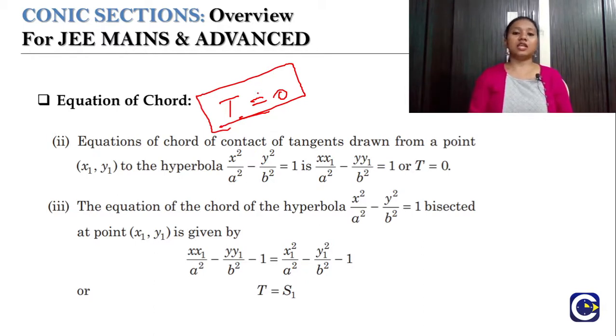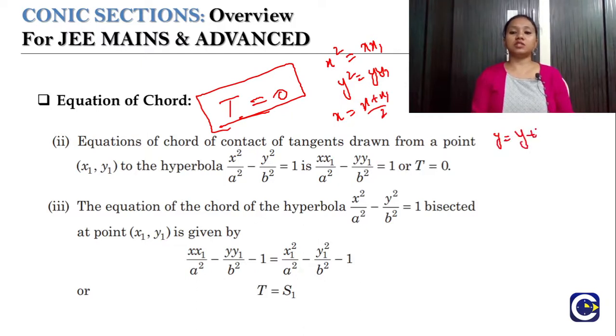That means in place of x square, it will be xx1. In place of y square, it is yy1. In place of x, it is x plus x1 by 2, and similarly, in place of y, it is y plus y1 by 2. We are already familiar with all these substitutions. So the equation of the chord of contact for the hyperbola is xx1 by a square minus yy1 by b square is equal to 1.